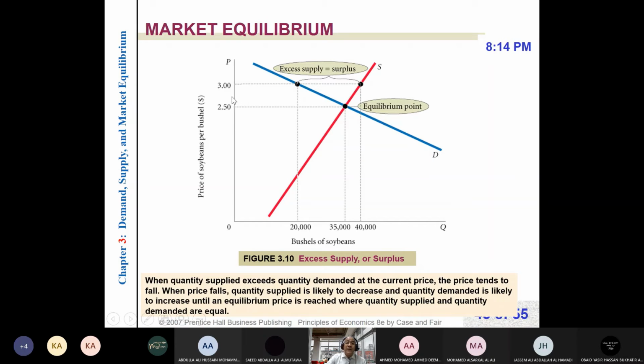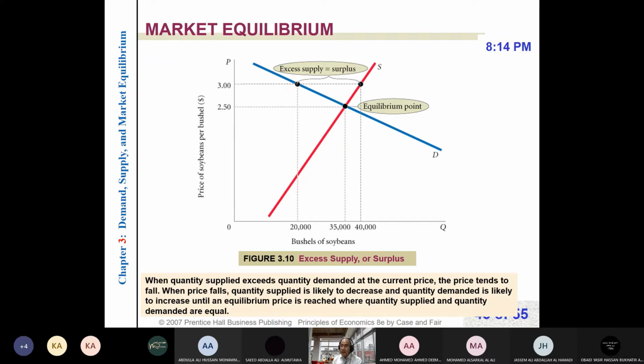So at 2.75, there is still a surplus, even though it is less than before. The downward pressure on the price will continue till we reach 2.50, 2 dirhams 50 fils. So now I will ask you, at 2.50, what will be the quantity demanded?